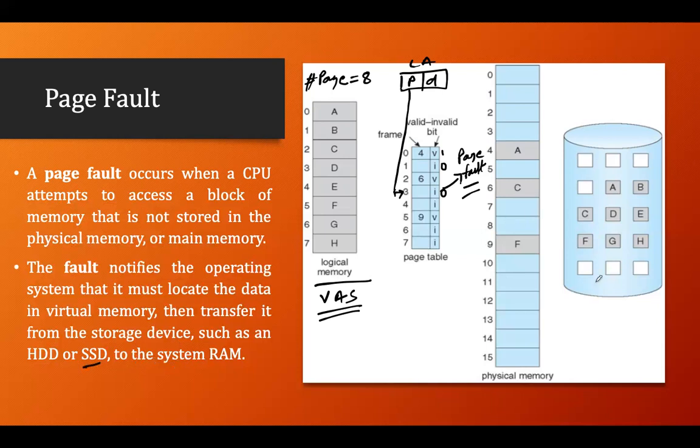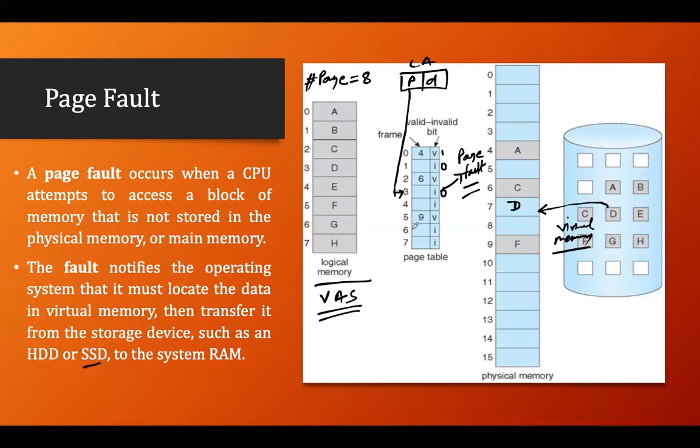So we'll look for the disk. Here we have the virtual memory, or the copy of all the pages. Let's say we require page number 3, which is nothing but D, and D will be given to the main memory.